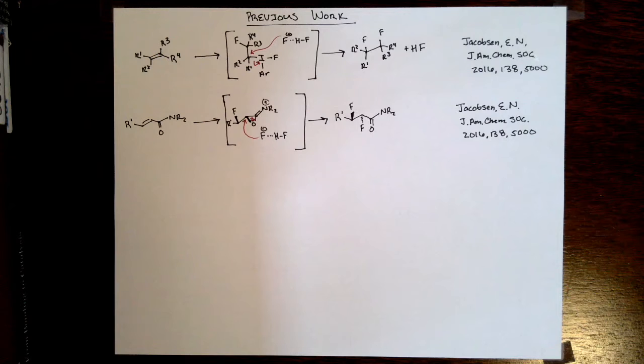And then once that had formed, you would get displacement of the three-membered ring by external fluoride to give you the 1,2-difluorinated product with the opposite diastereoselectivity, since you basically did two SN2 reactions rather than one SN2 to displace the iodoarene.